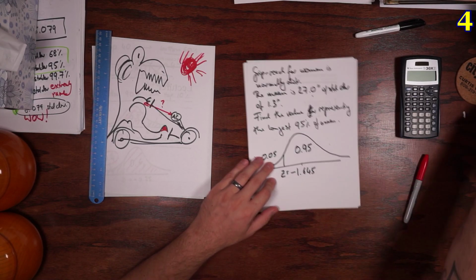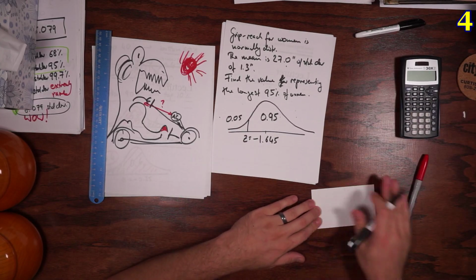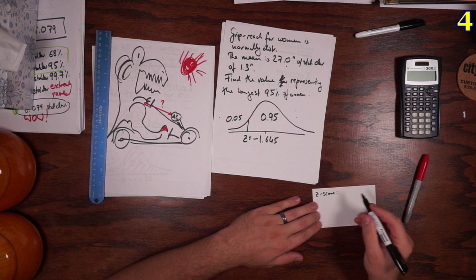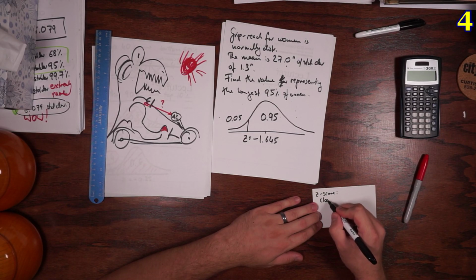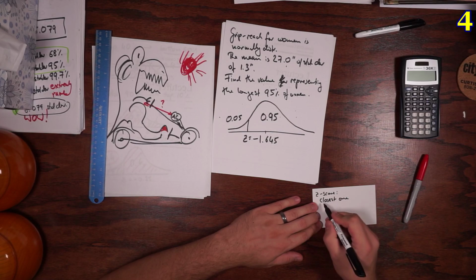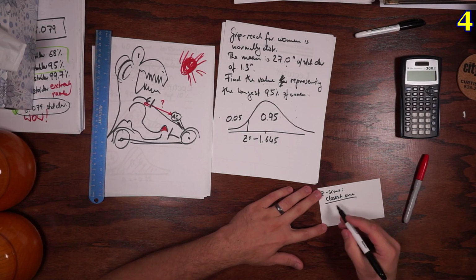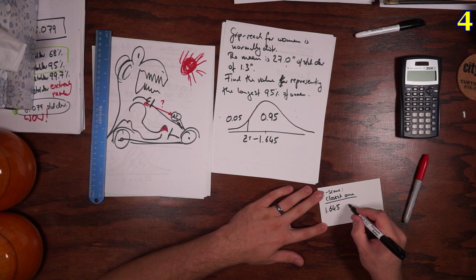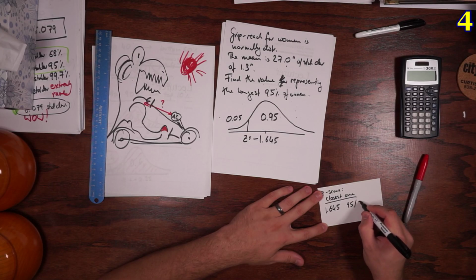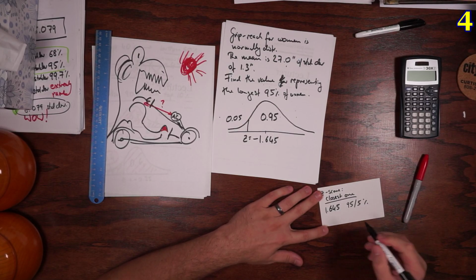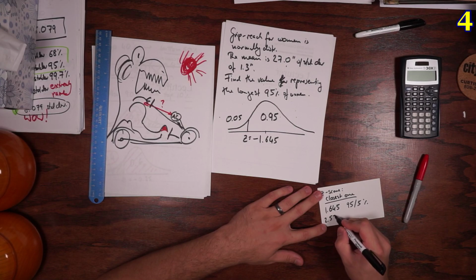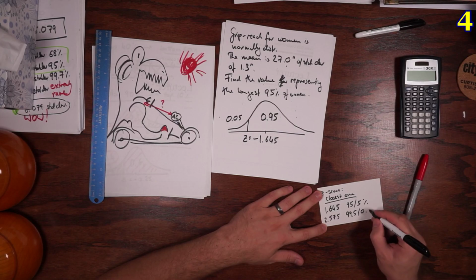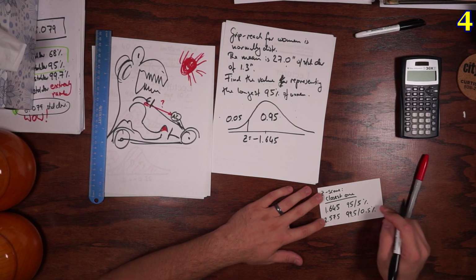Now, here's a side note. For the most part, when we're talking about z-scores, we're talking about the closest one we can find, with two exceptions. 1.645, which represents a 95 and 5% split, and 2.575, which represents 99.5 and 0.5% splits.